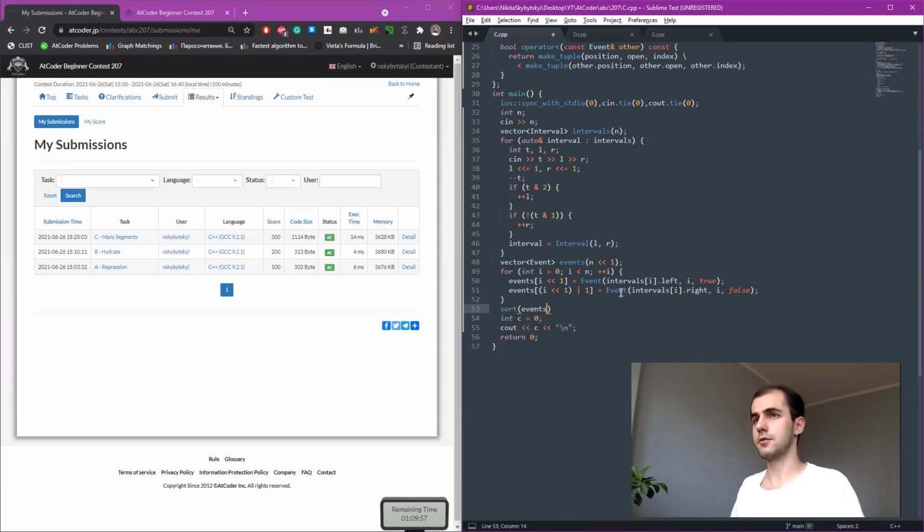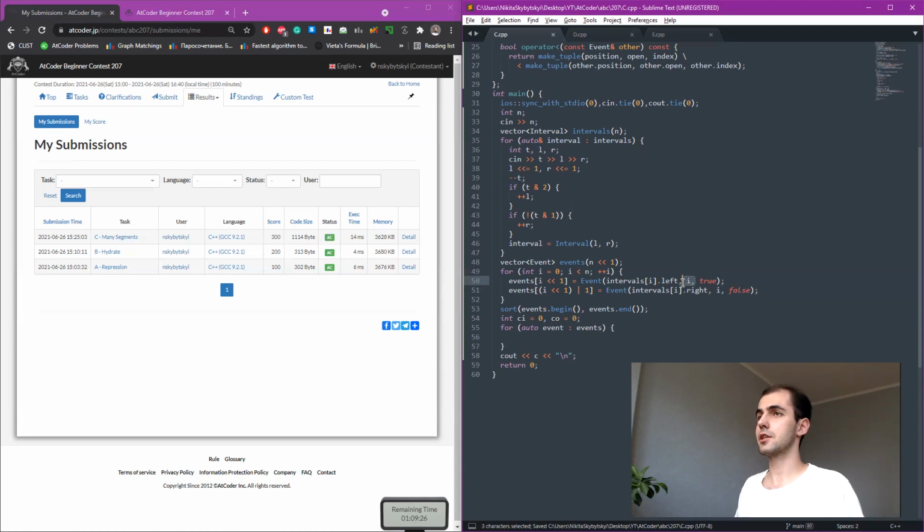So if we sort our events, then what we can do is sweep and count intersections. Now we also want to count opened intervals. So how do we count open intervals?